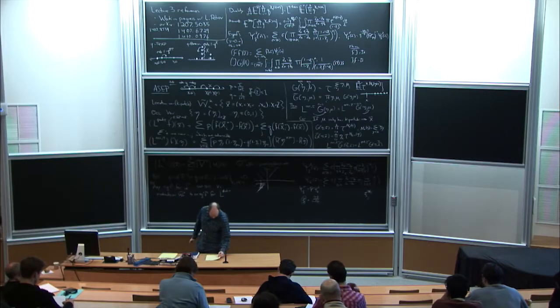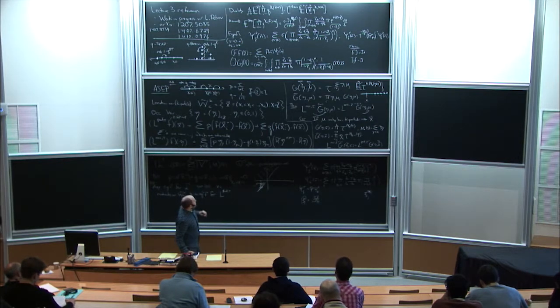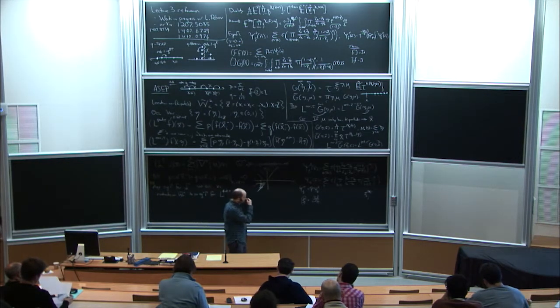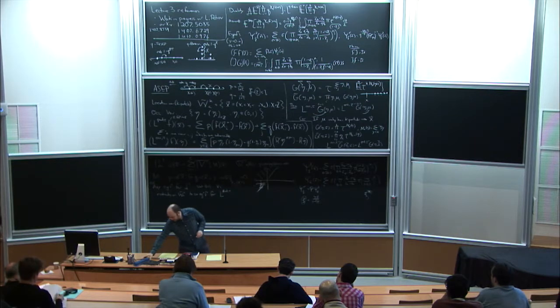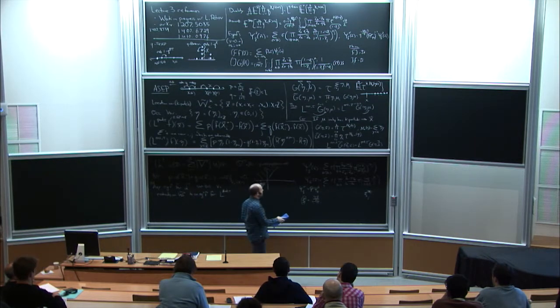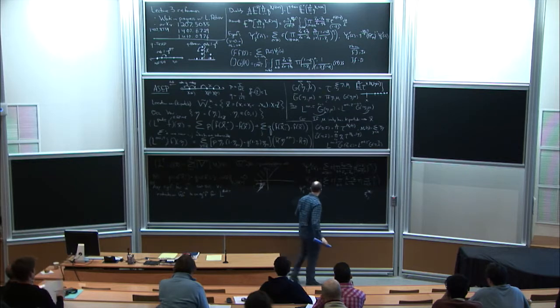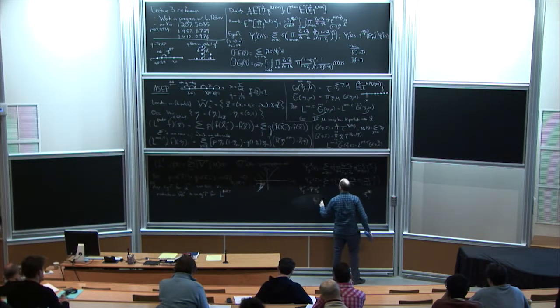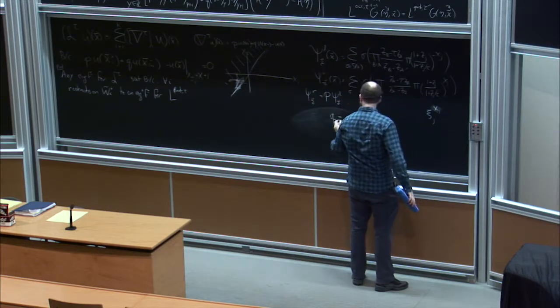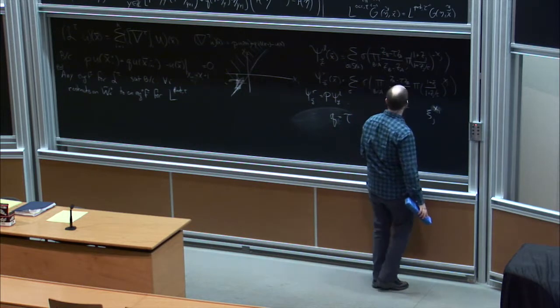Okay, so how are these related to the Q nu ones, which I wrote before? The relationship is simply that I've chosen Q, so the Q up there, not the Q here, Q to equal tau. Right?